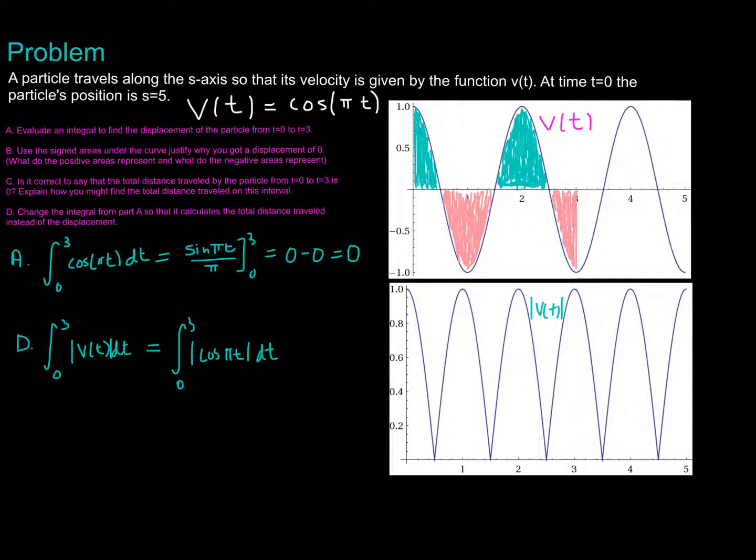In other words, multiplying cosine of pi t by a negative when I'm computing the integral between these 2 points and between these 2 points. And so there's multiple ways. The big picture is that I want to treat this area here, which normally is computed as a negative area, as a positive, so that I'm continually accumulating total distance as opposed to getting displacement, which counts them as a directional notion.